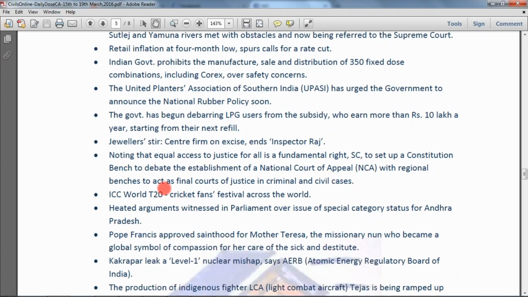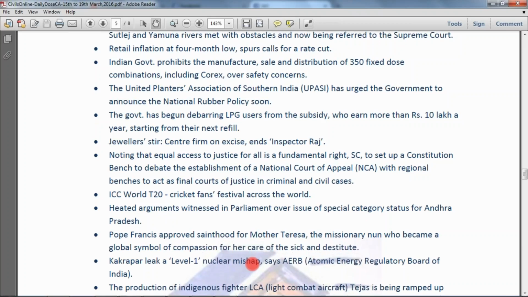ICC World T20 and it's a cricket fans' festival across the world. Heated arguments witnessed in Parliament over the issue of special category status for Andhra Pradesh. Pope Francis approved sainthood for Mother Teresa, the missionary nun who became a global symbol of compassion for her care of the sick and the destitute.